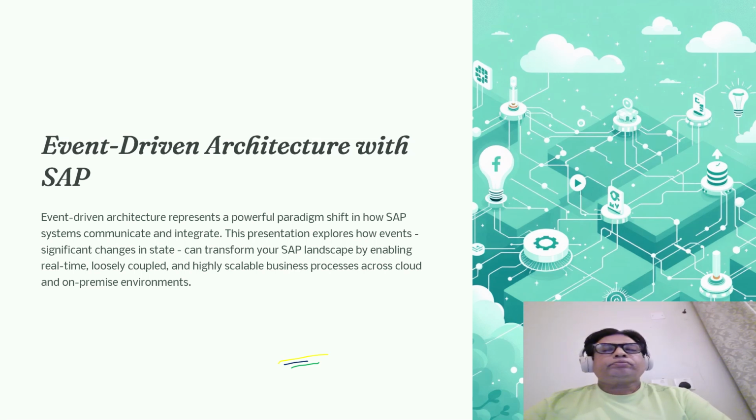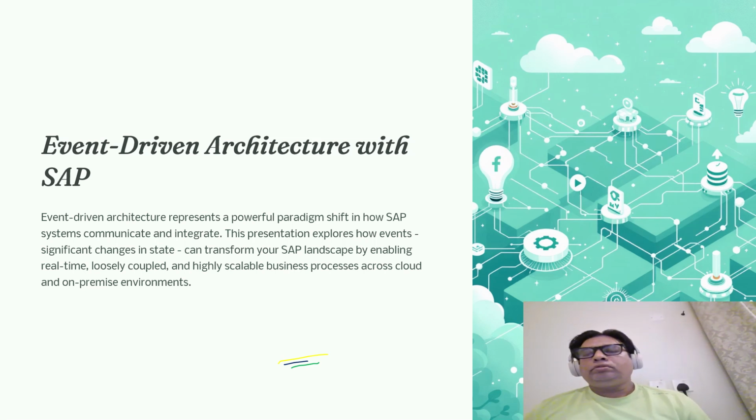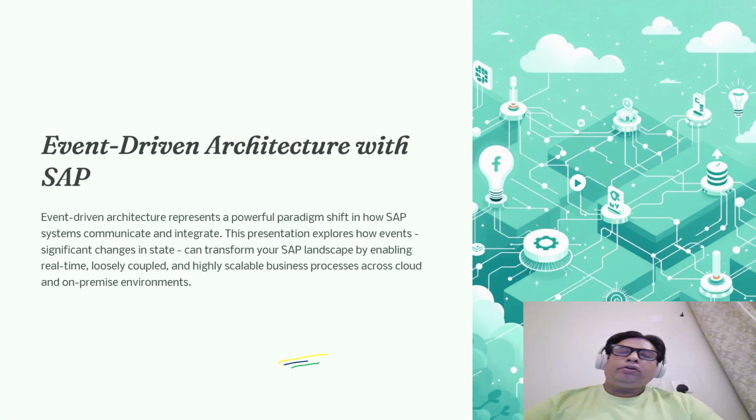Okay, and generally what is event-driven architecture? How will it work with SAP? SAP has come up with one of the main powerful shifts, that is called event mesh. An event means a small change which happens, either in the S4 HANA system or in the event publisher.